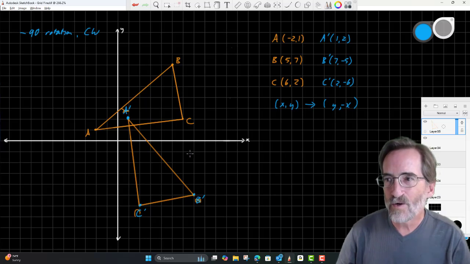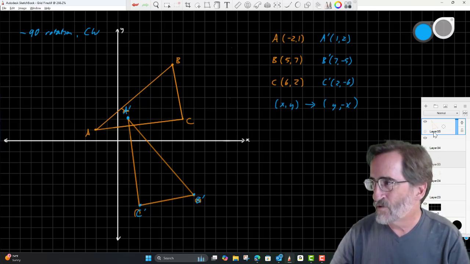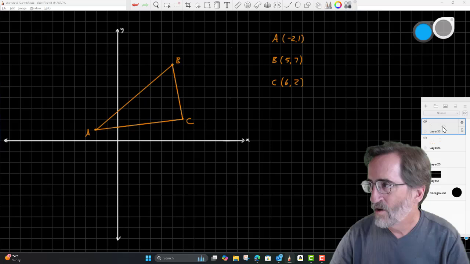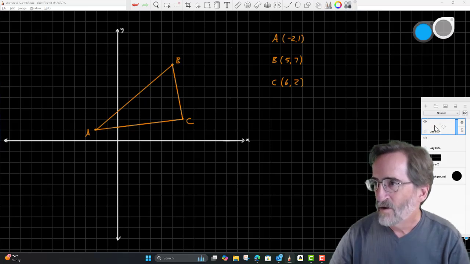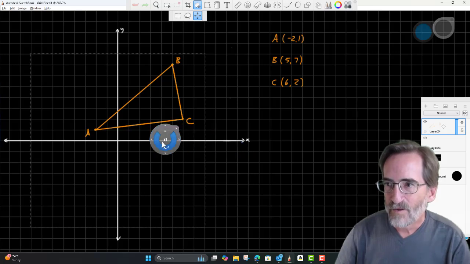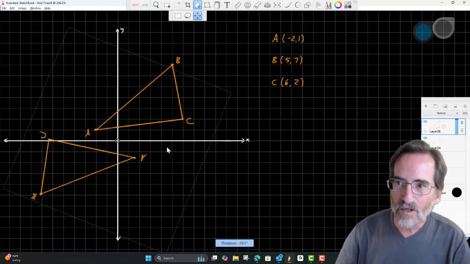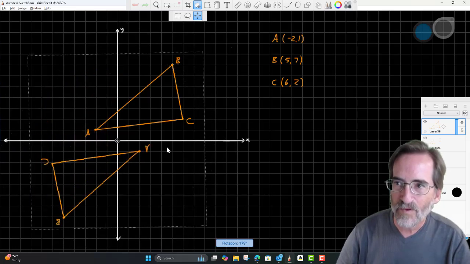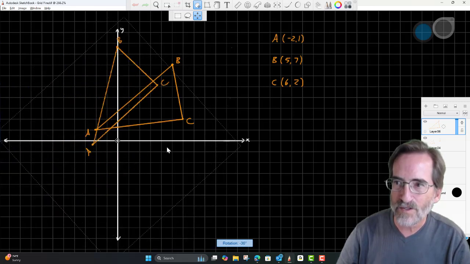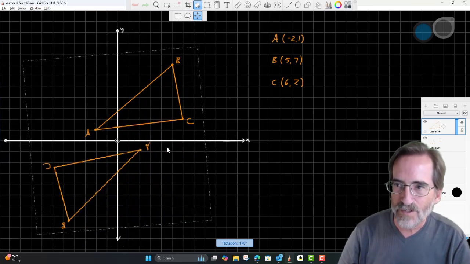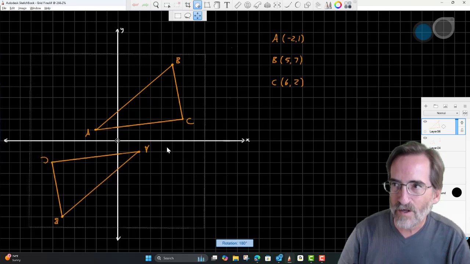And then I want to do a 180 degree rotation. Let's see what that looks like. Let's paste again. This time I'm going to spin it around 180 degrees. I can go clockwise or counterclockwise, and it's all the same. Let's square it up here.